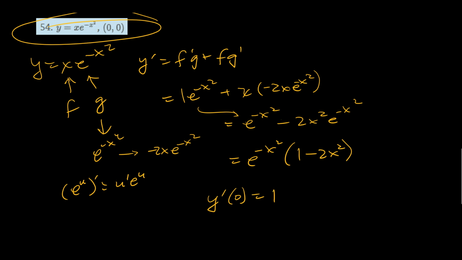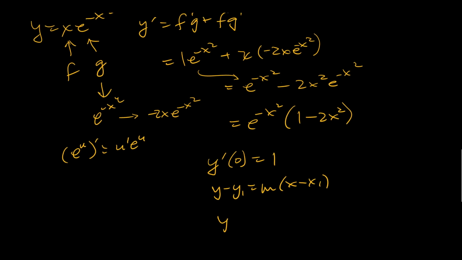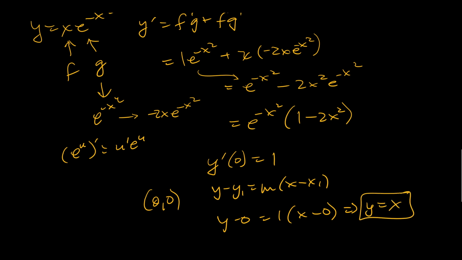So this is 1. So we go y minus y1 equals m times x minus x1. And we get y minus 0, because the point is 0, 0, equals 1 times x minus 0. So basically we just get y equals x. All right, so that's the tangent line.